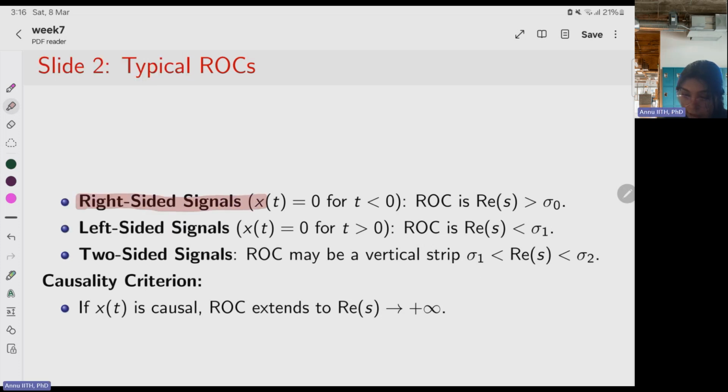Right-handed signals: x of t is equal to 0 for t less than 0, and the ROC is real of s greater than sigma 0. We are talking only of the real part of s.